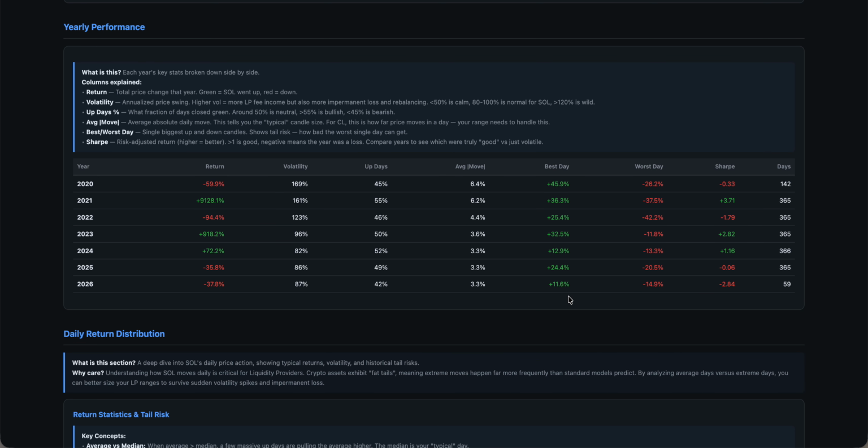It's basically not free money, but it's pretty easy to make money in prediction markets knowing all of this data. You have the best days and the worst days: 42% per day is the most Solana dropped in history, and about 46% is the most that Solana went up in a single trading day.